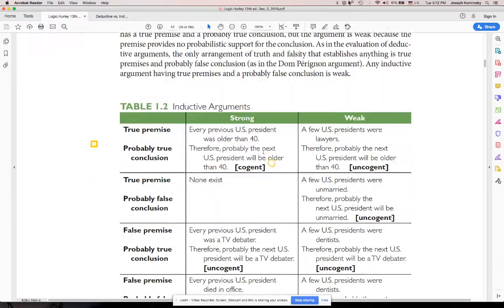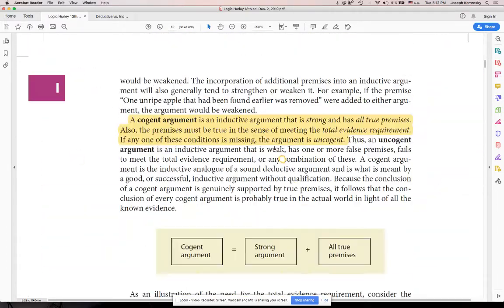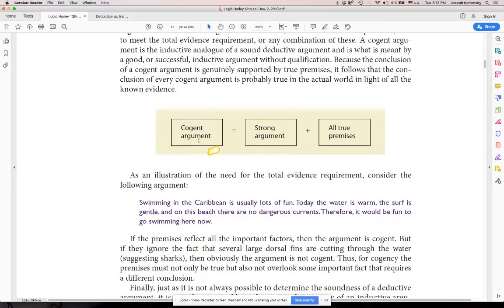How do we know that? So down here, right here. For a cogent argument, remember, just like deductive, where there's soundness, you had to have validity and true premises. The inductive arguments, in order for it to be cogent, it has to be strong plus true premises. We just saw the example of the wines. Even though the premises are true, it's weak.